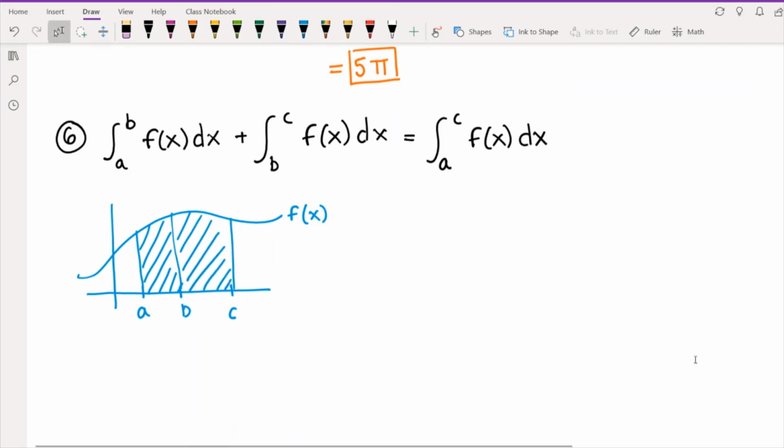And so altogether, that's the integral from a to c. So it's basically saying that if the endpoints of your bounds line up, then you can just add the two integrals together. And it also works the other way, and this is something that we'll use towards the end of the quarter. If you have an integral between two numbers, you can actually split it into two integrals, and sometimes that will help you avoid some complications.